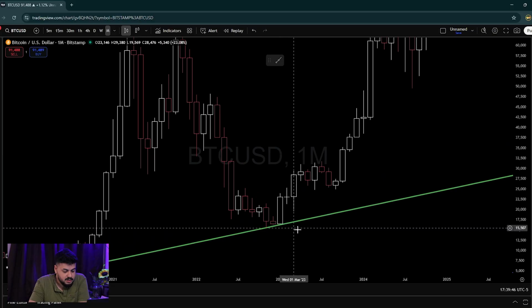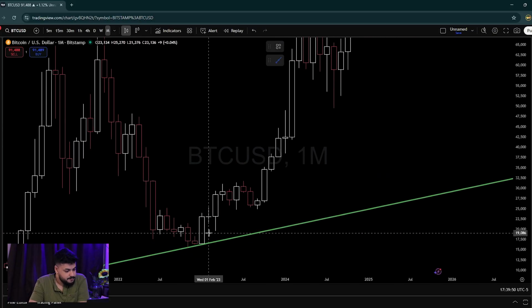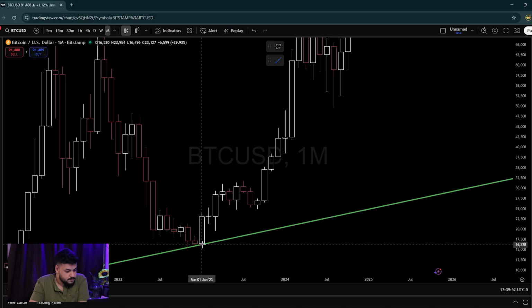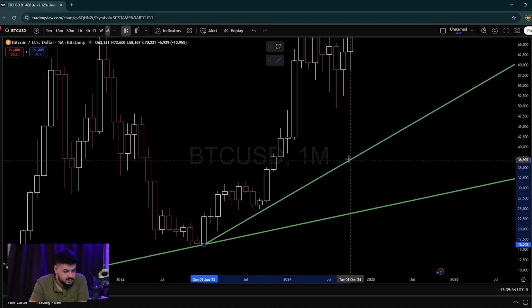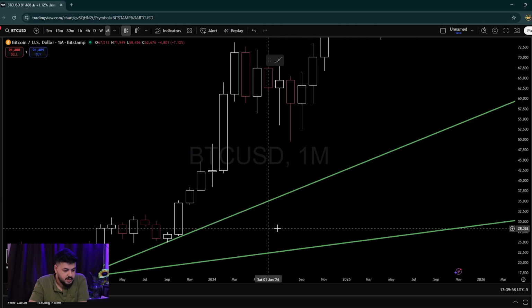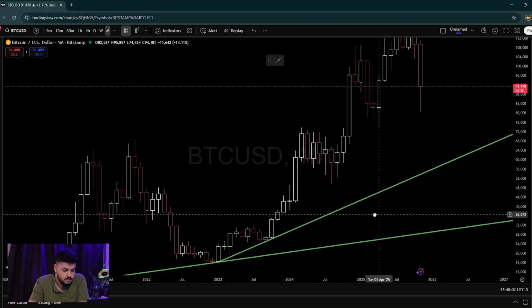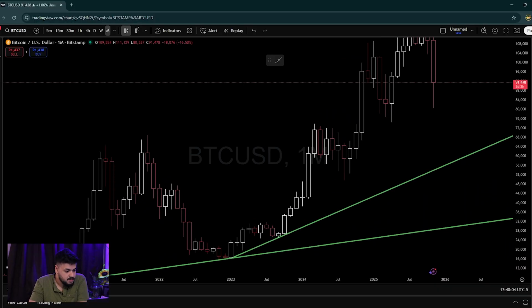I'm going to use the second line starting from this one right here. And I see that touches right there. Let's go ahead and follow that upwards to the next lowest point.